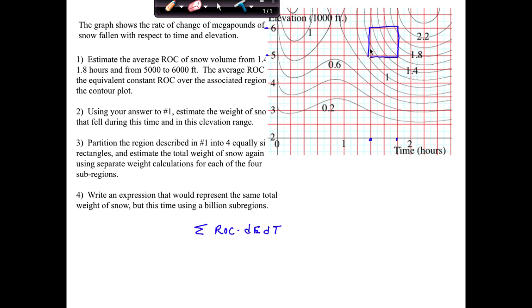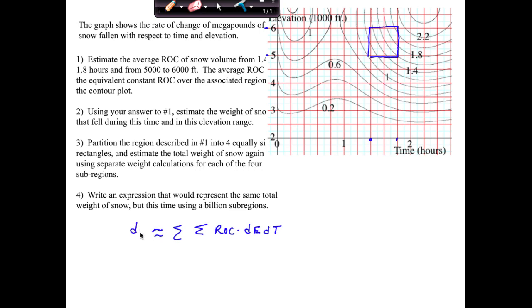We could do it across the columns like that, sum up all those columns, or sum up the boxes in each column. I have a whole bunch of those, and then I could sum up all those columns across this way, right? And so it's the idea of a double sum.